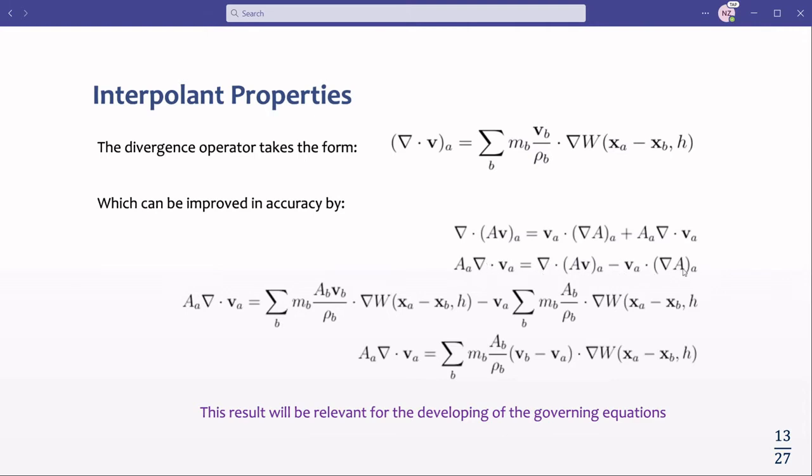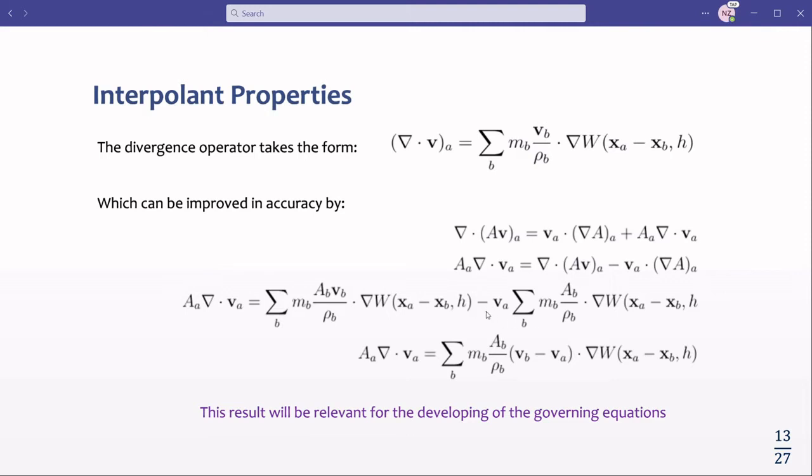So we have this expression to the right. With this expression, we use the above definition. So in this case, for example, we replace V by uppercase A times V, so we have it here, minus B V_a, and then we apply the previous formula for the gradient of uppercase A. We have it here. Finally, we can see all the terms are the same.